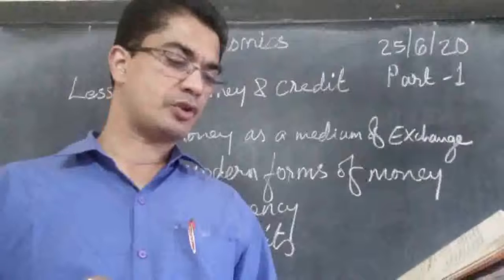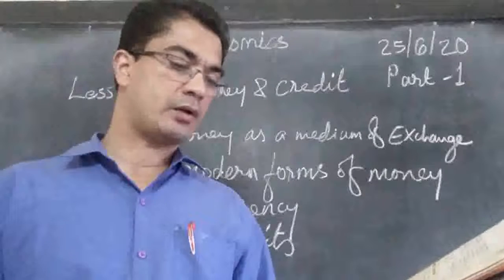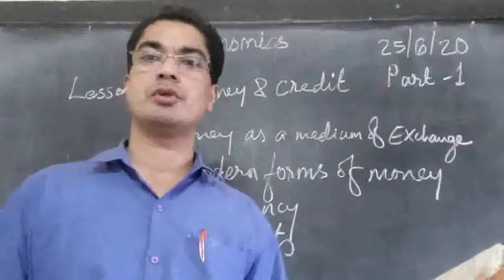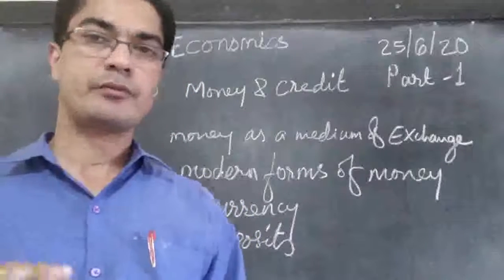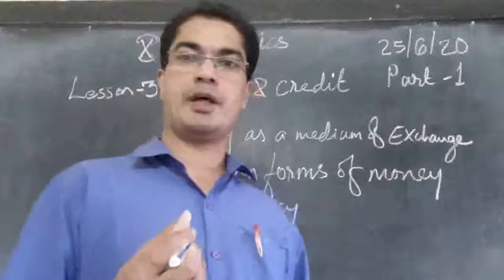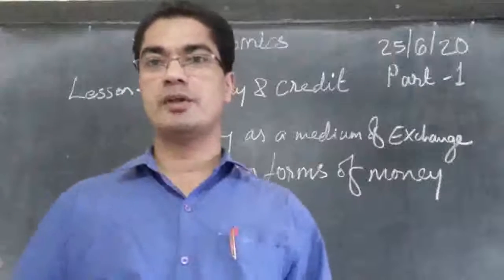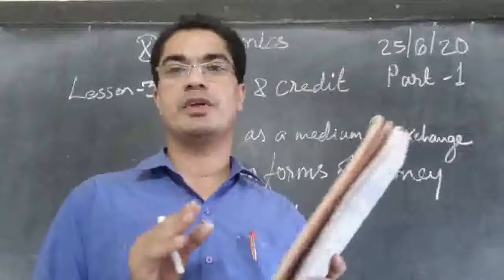Then the modern forms of money, that is currency and deposits, are closely linked to the working of the modern banking system. So these two, the currency that you have in your hand and the bank deposit that you have in the bank, are both very closely connected with each other.